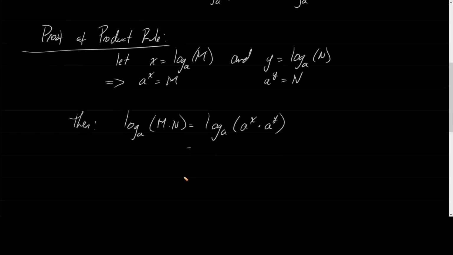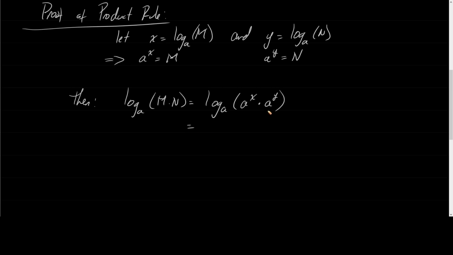From the rules of exponents, this gives me log base a of a to the x plus y. I have the same base, different exponents, and I'm multiplying, so I add the exponents. But we know from the inverse property of logs that this is just equal to x plus y. Essentially, the log base a and the a cancel each other out.